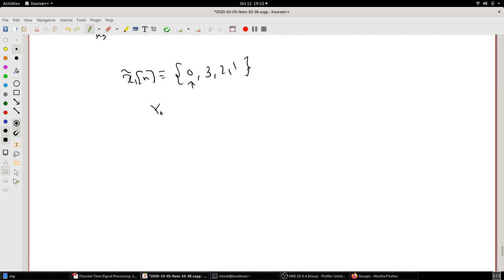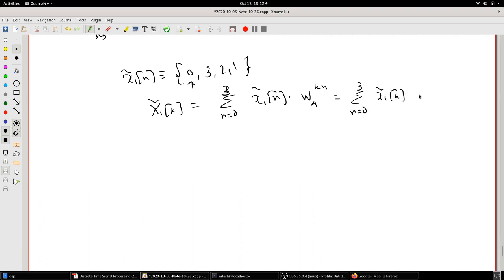So x1 tilde of k is equal to summation n equal to 0 to 3 x1 tilde of n into W_4^{kn}. So this one becomes summation n equal to 0 to 3 x1 tilde of n into e raised to minus j 2 pi k n by 4.